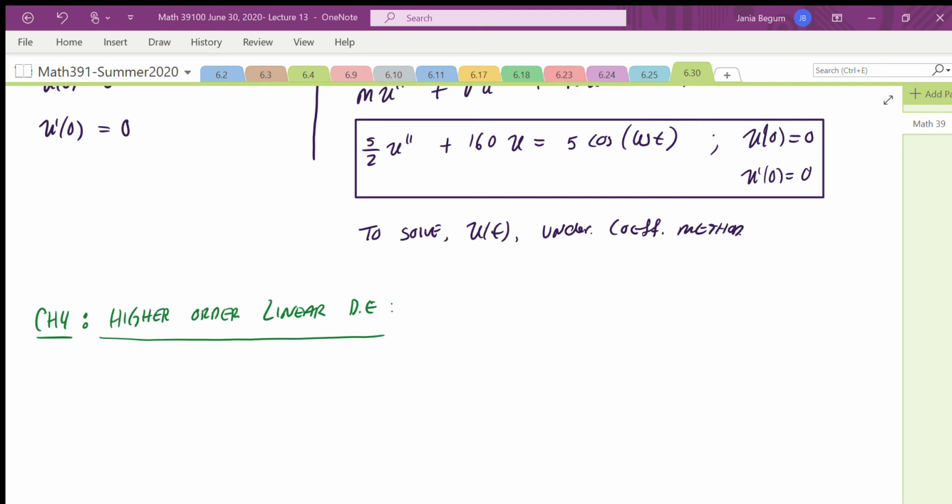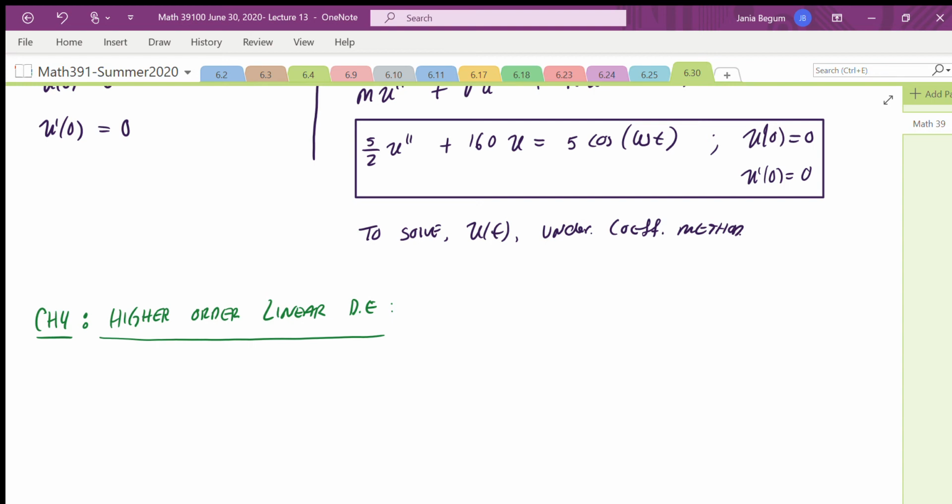So in chapter 2, like I was saying, we did first order and we learned 4 methods to solve them. And in chapter 3, we learned second order. We solved second order by doing the characteristic polynomial, and we also learned how to do non-homogeneous with second order. Now we're going to move that idea to higher order.